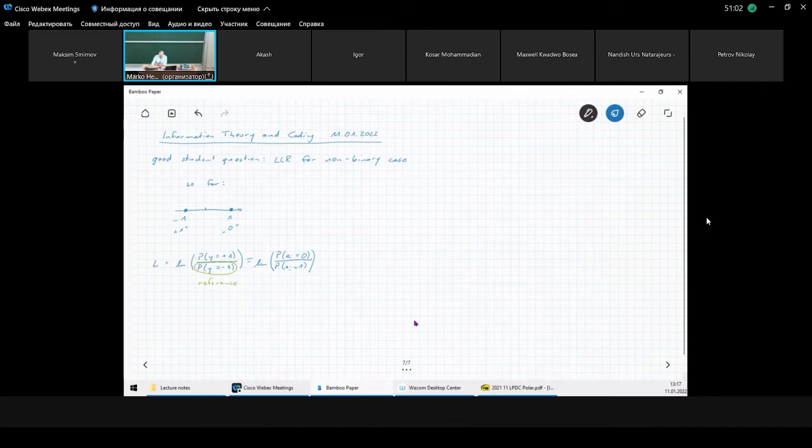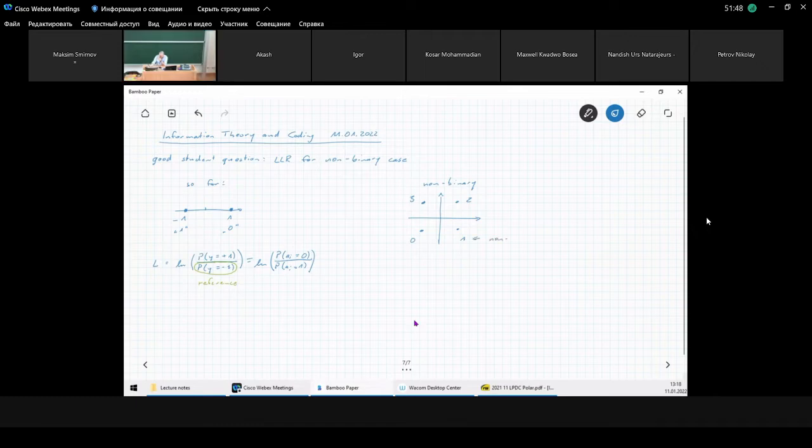Now, non-binary. Example: imagine such a constellation like a QPSK or QAM, however you want to call it. And actually there's not even a need to assign bit values to these points now. We could also say this is symbol 0, symbol 1, symbol 2, symbol 3.